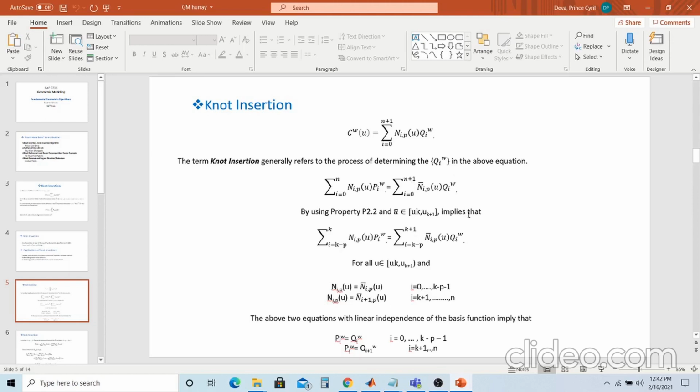By setting up and solving the system of linear equations, we get this equation that we can see here.